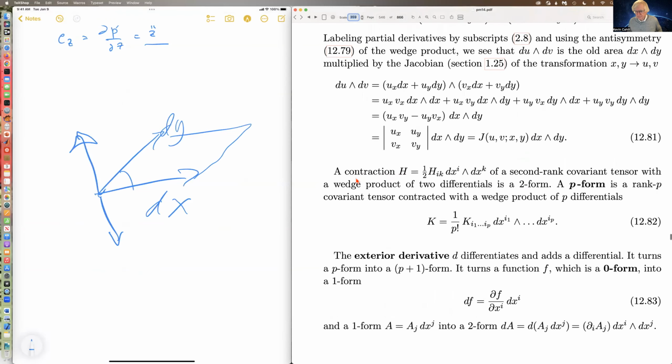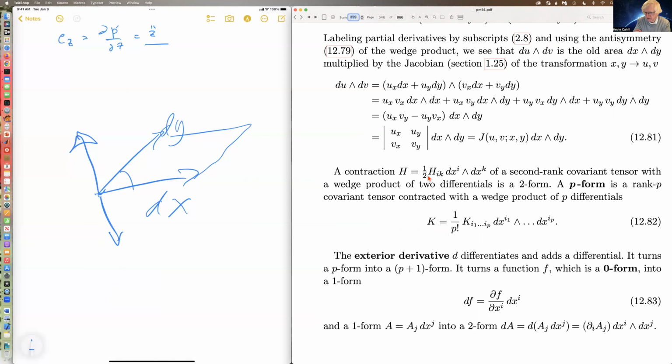And this dx_i wedge dx_k, that's something that is a rank 2 contravariant tensor. And if you multiply it by a rank 2 covariant tensor and then sum over i and k, you get something that's invariant under changes of coordinates.